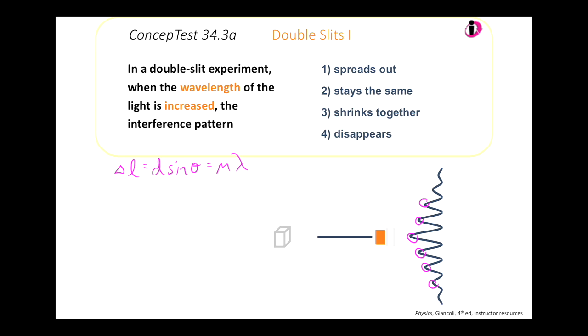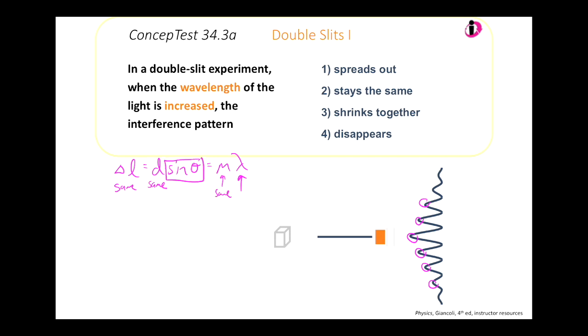Thoughts? Want to vote? I saw one vote. That was good. Lambda's going up. And m is just a series of integers, essentially, so that's going to stay like it is. So this is going to stay the same, and this whole series is going to be the same.